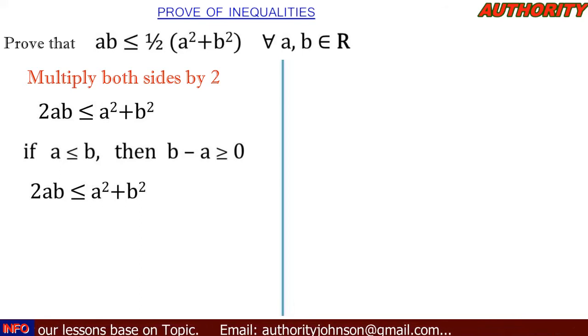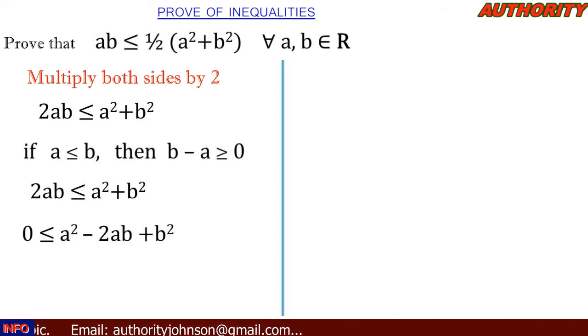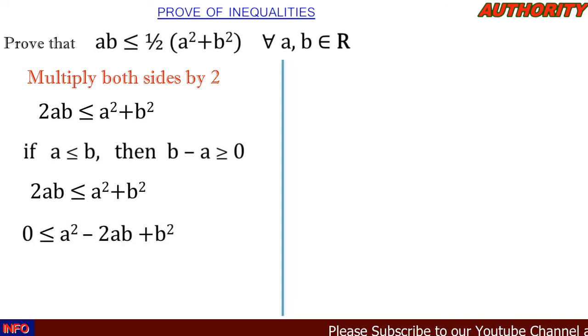As it goes, it becomes minus 2ab, and we are left with 0 on the left hand side. So we have a squared plus b squared minus 2ab. Now let's put it in order: a squared minus 2ab plus b squared. That is what we are having.